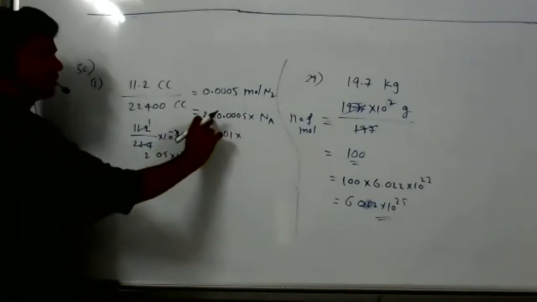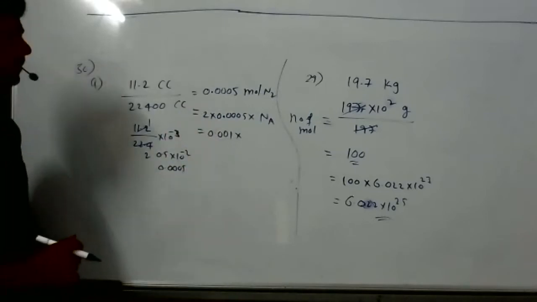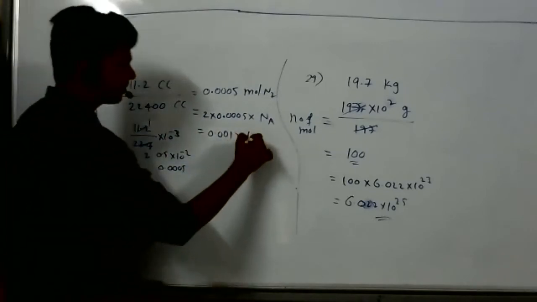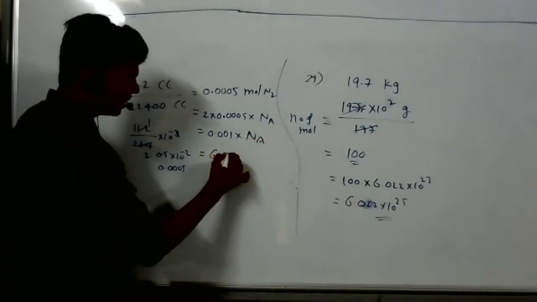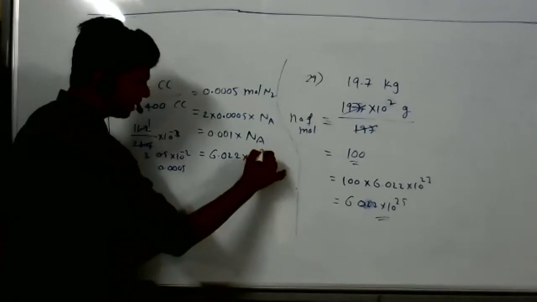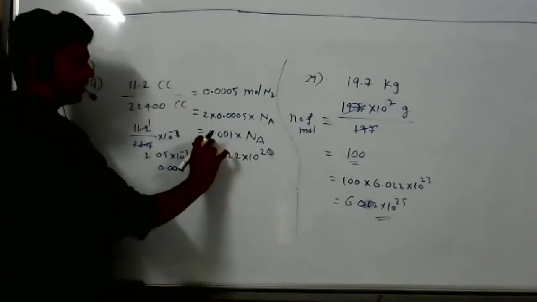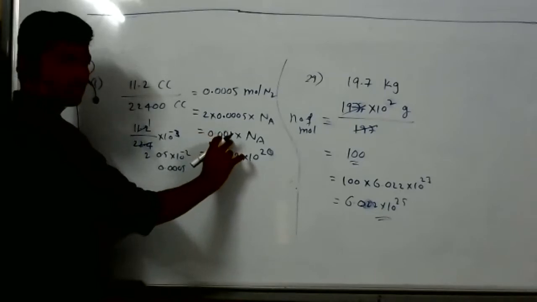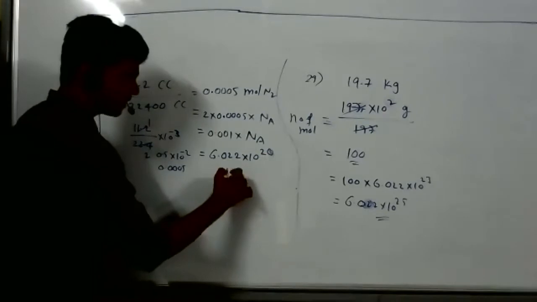Then multiply with 2: 0.0005 into 2 is 0.001, into Avogadro number. So finally, the number of nitrogen atoms is 6.022 into 10 power 20, actually 23, since 0.001 into 10 power 23 becomes 10 power 20. So this much number of nitrogen atoms.